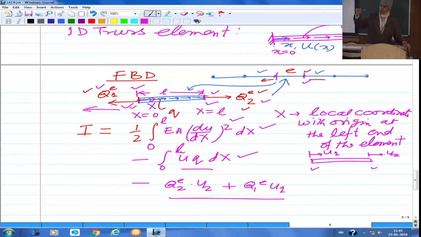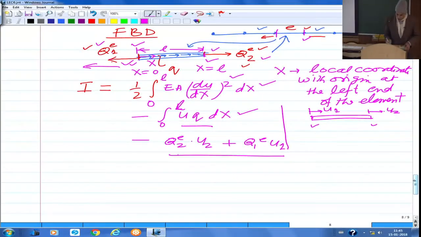So if you take the datum as the initial starting position and go like this, the potential becomes negative, and if you move like this from that datum, its potential is positive. So that's the interpretation for this term, why this is minus, why this is plus. So these two together are essentially the potential of all the forces acting on the element. So this is the first thing, that the integral functional for this element would be like this.